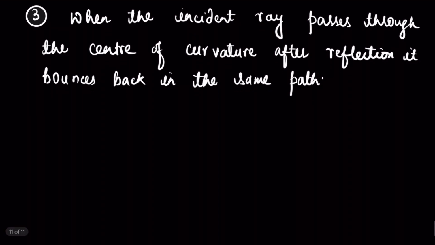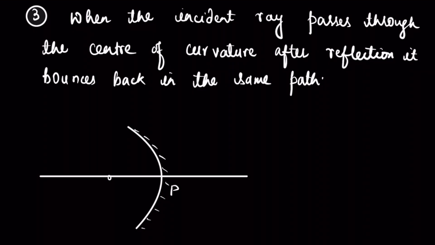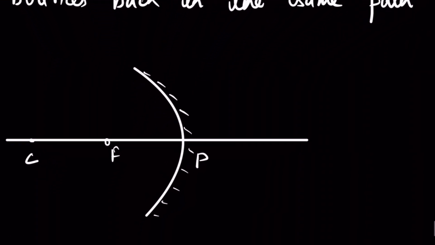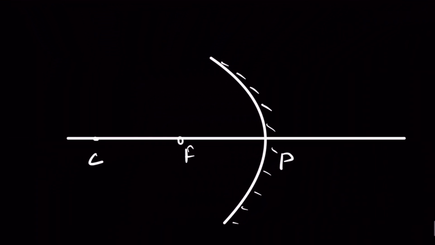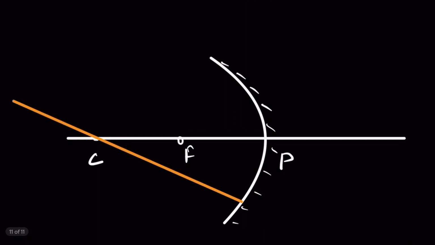So what is the meaning of this rule? Let's take an example. If we have a concave mirror, this is the pole. Here we can draw the focus, and this is the center of curvature. If we take the incident ray that passes through the center of curvature, it will touch the surface and bounce back in the same path.